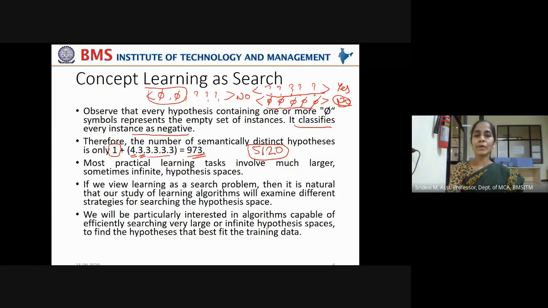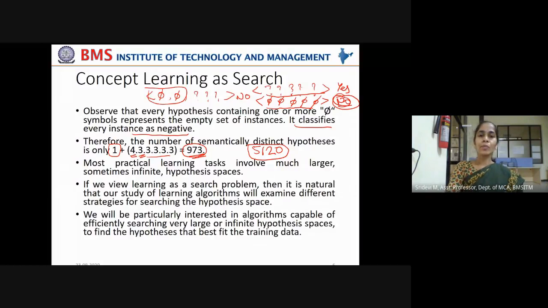Right? But if you are removing that, that is any combination with pi, then you are getting the semantically distinct hypotheses as just 973. Okay, so whenever there is some pi involved, all those combinations can be removed because they will result in a no prediction, which is not of interest to the machine in concept learning, because the machine is interested only in yes examples, only positive examples. It is not interested in negative examples.